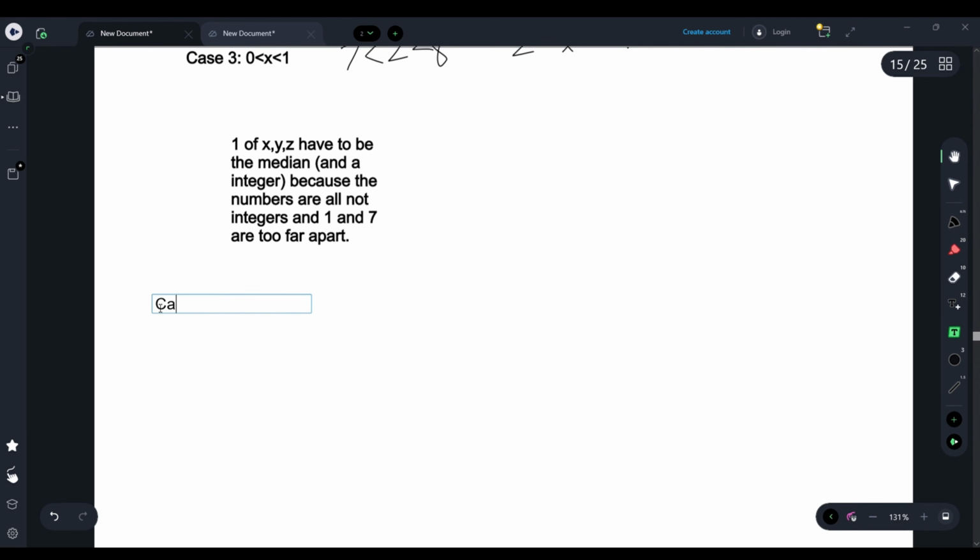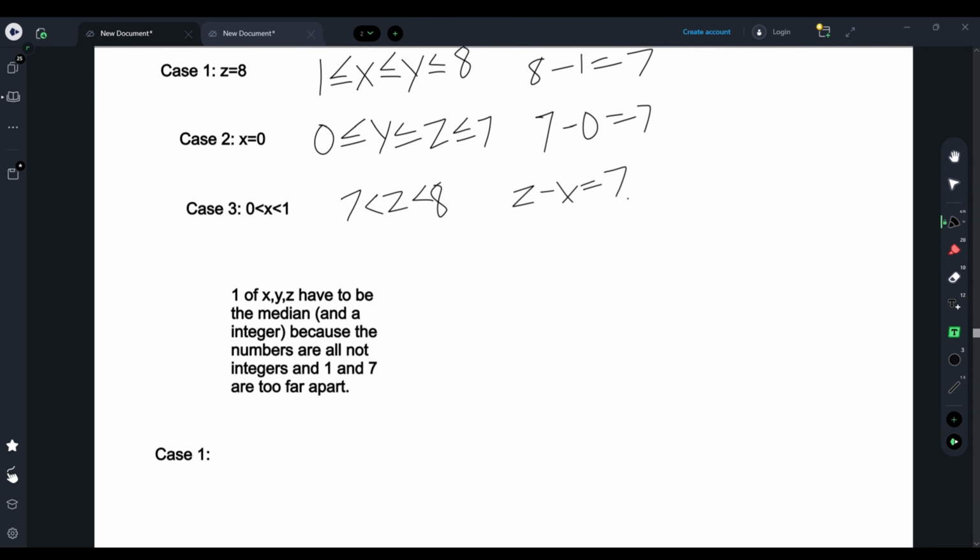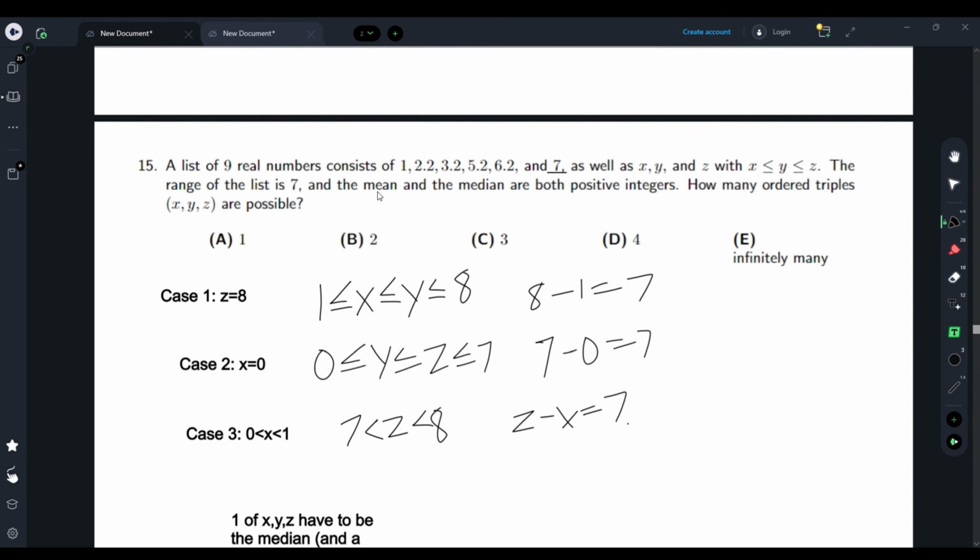So case 1. In this case, z is 8. So we now figure out the mean. These all add up to 24.8.